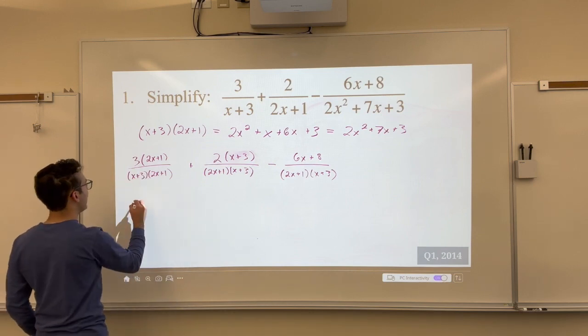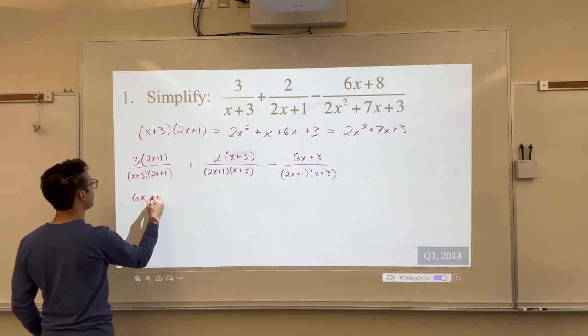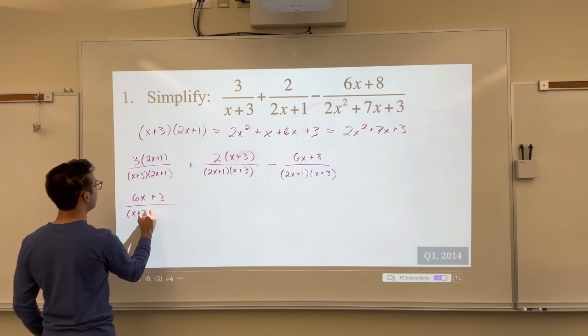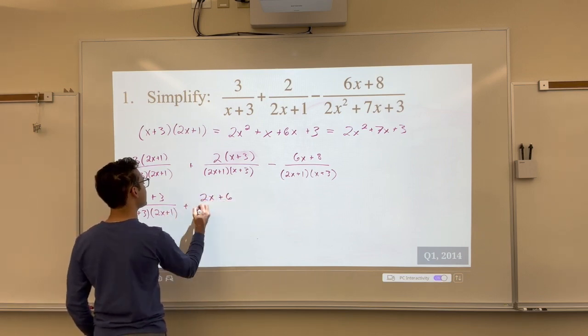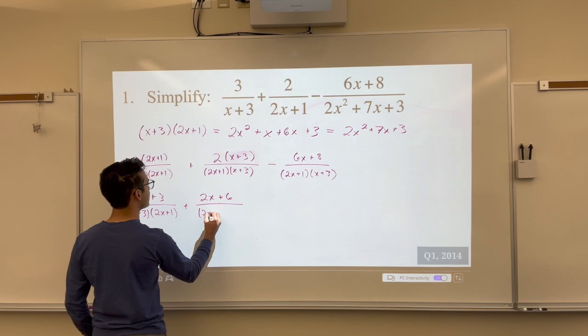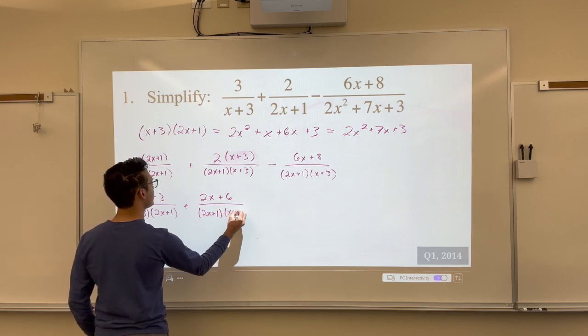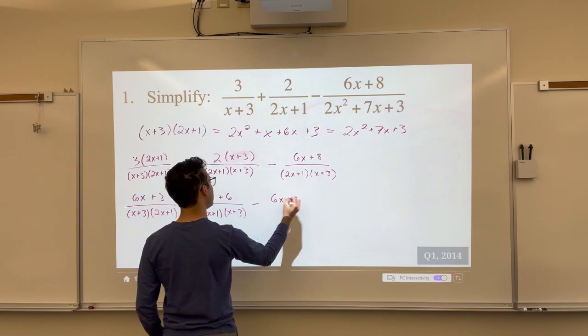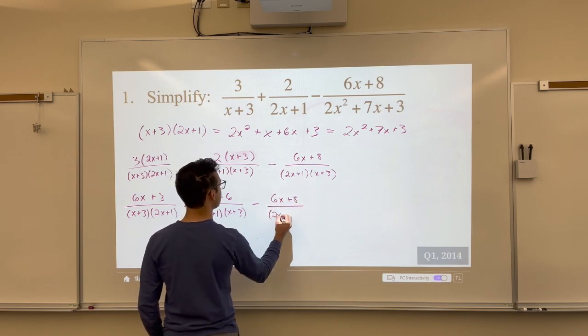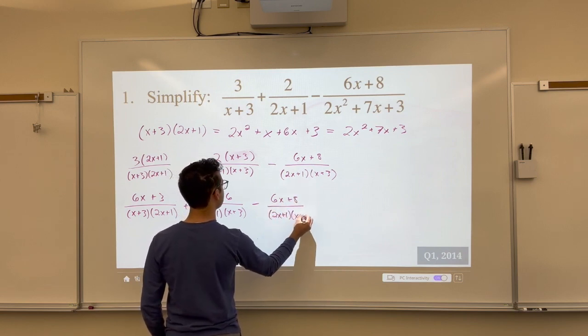Well, up here we have 6x plus 3 over x plus 3 times 2x plus 1. Here we have 2x plus 6 over 2x plus 1 times x plus 3. And then here we have minus 6x plus 8 over 2x plus 1 times x plus 3.